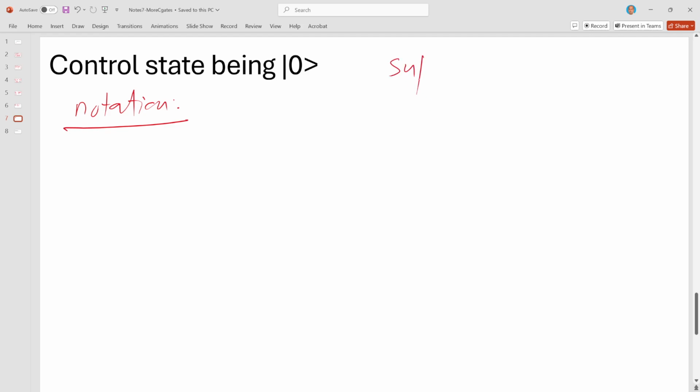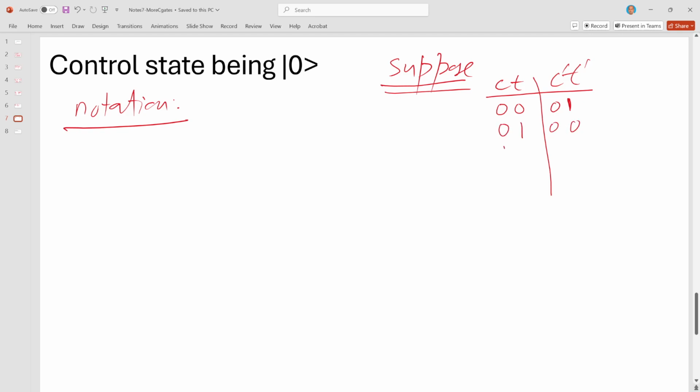Suppose I want to implement this truth table, that when the control qubit is in 0 state, I want the target to be flipped, and when the control qubit is in 1 state, I don't want anything to happen to the target.